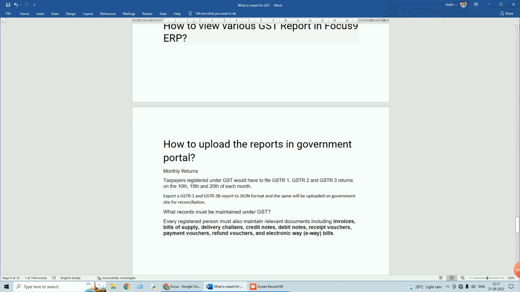Now to maintain these, what supporting documents are required? Every registered person must also maintain relevant documents including invoices, bill of supplies, delivery challans, credit notes if you have issued any against a customer, debit notes against any suppliers or customers, and receipt vouchers.